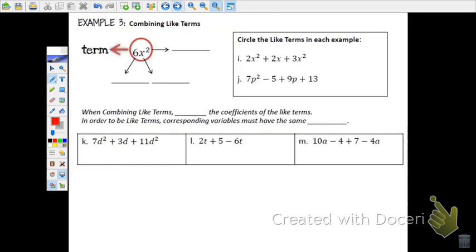You turn to the next page in your flip book. We're going to be looking at combining like terms. So we need to know what it means for a term to be like. So we're going to identify parts of this term. Thinking about our vocabulary, we said the number that we see in front of the variable is called a coefficient.